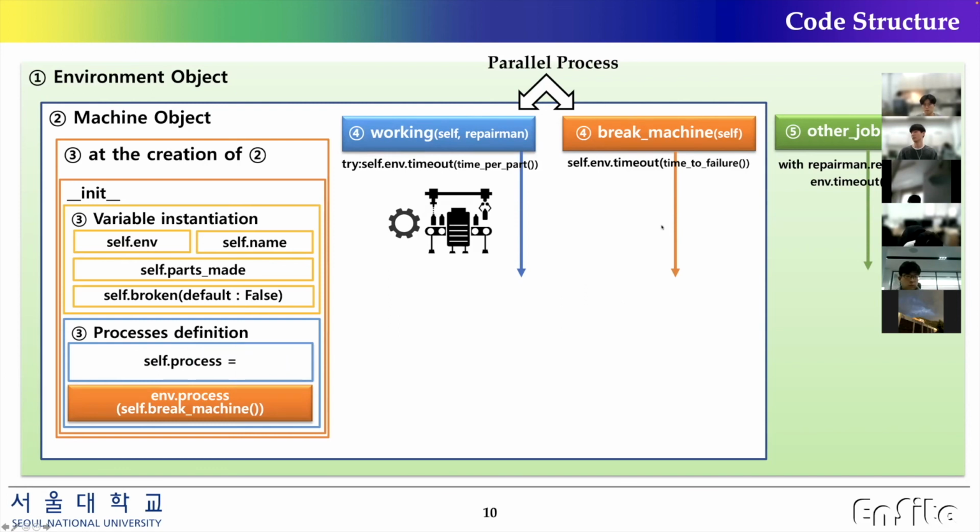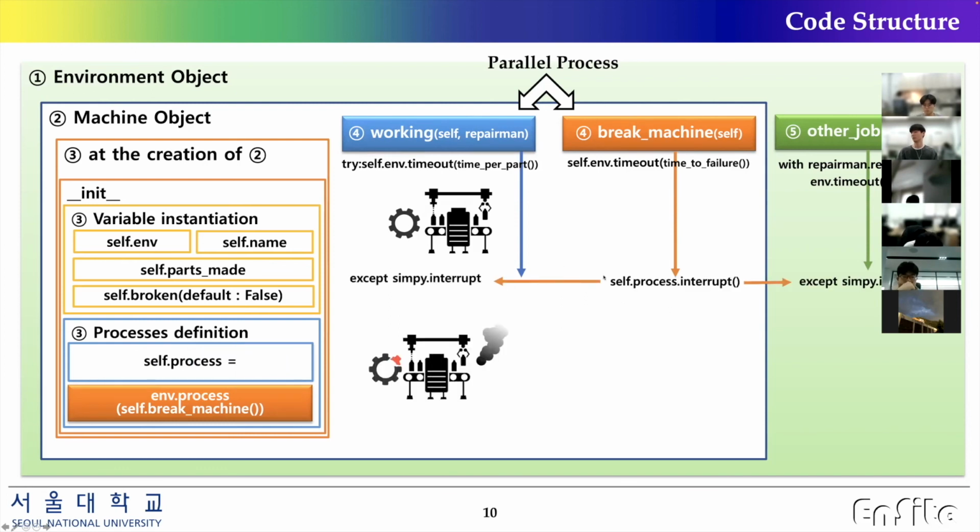During the machine process, if the interrupt function is triggered, this interrupt has an impact on the machine by stopping the working. It also stops the repairman's other jobs. And the repairman goes to the machine in order to repair it, because that has a higher priority request.